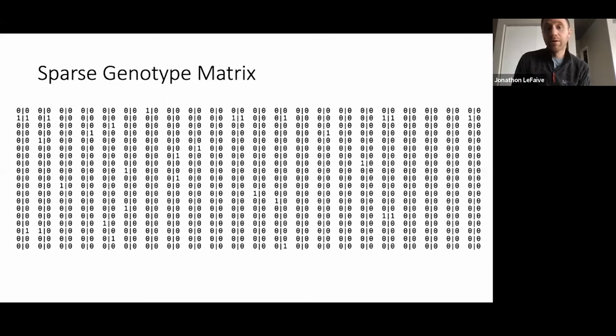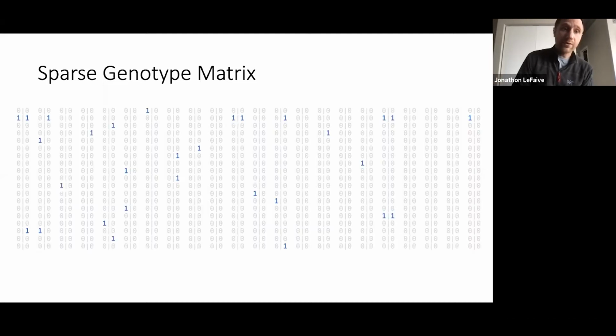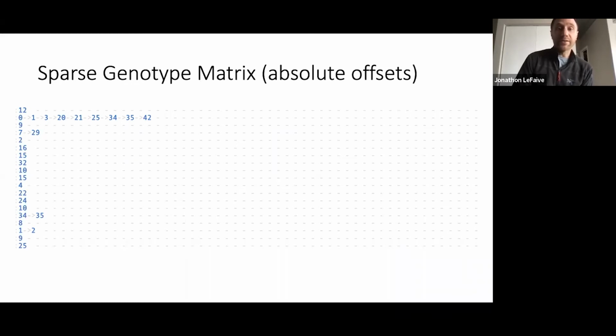What I'm going to try to illustrate with the next few slides is how we exploit the sparsity of genotype data to compress the genotype matrix. What we're looking at here is basically a toy example of some genotype calls you might see in dense form. First we discard the values that are 0, and then record the offsets of the non-zero values within each row.